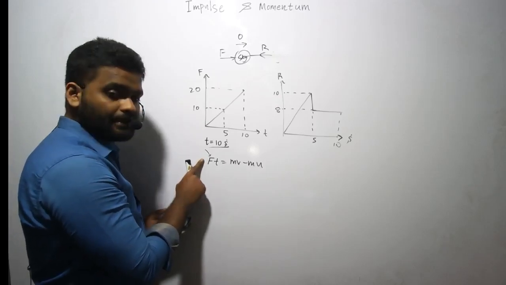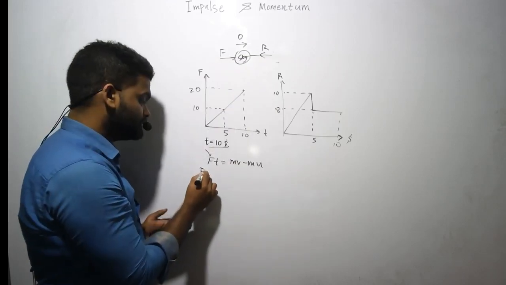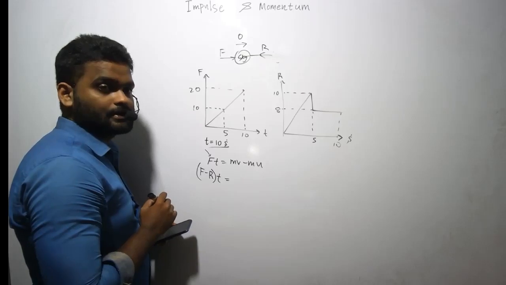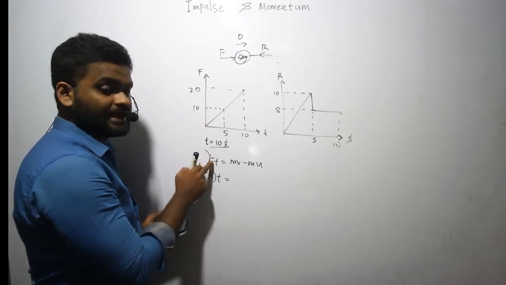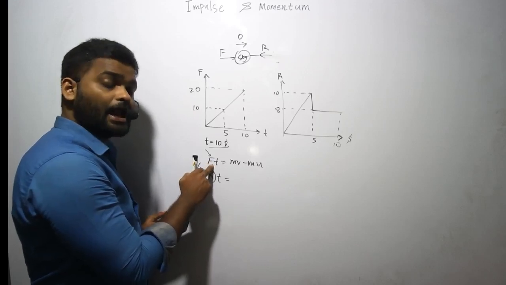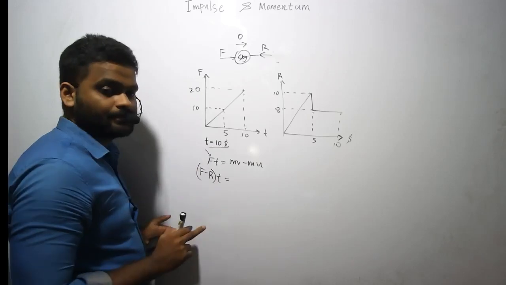So instead of this F, I can apply F minus R. So it should be F minus R times T. Got it? This is not driving force, right? This F means you get this from F equals ma. So this force is unbalanced force. So it is F minus R times T.